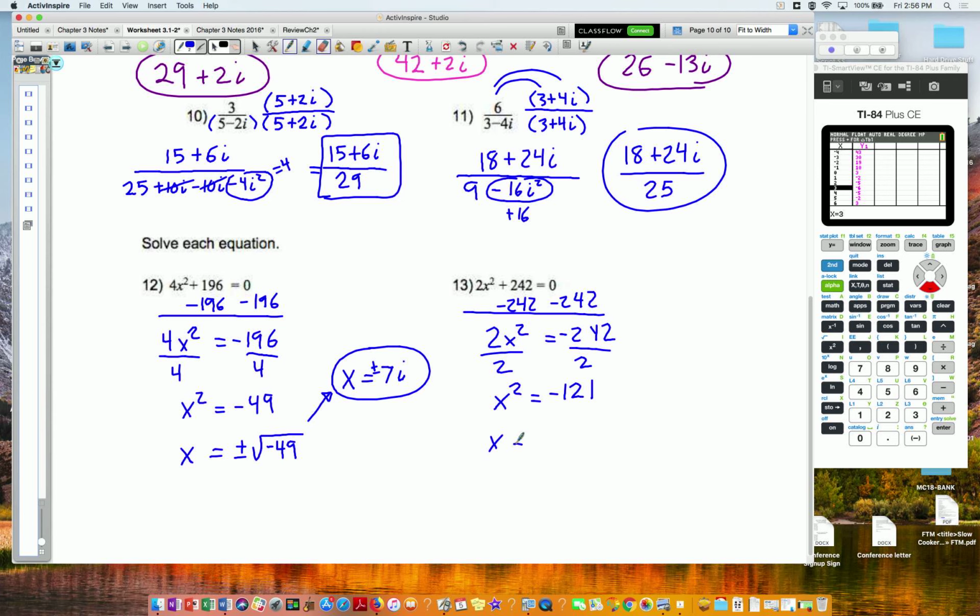Square root both sides, don't forget plus or minus, square root of negative 121. So x equals, the square root of 121 is 11. Oops, I almost forgot the plus or minus again. We have plus or minus 11, and then the negative is the i. So x equals plus or minus 11i.